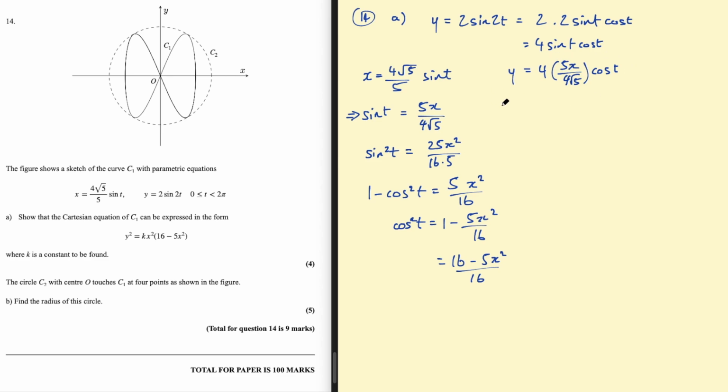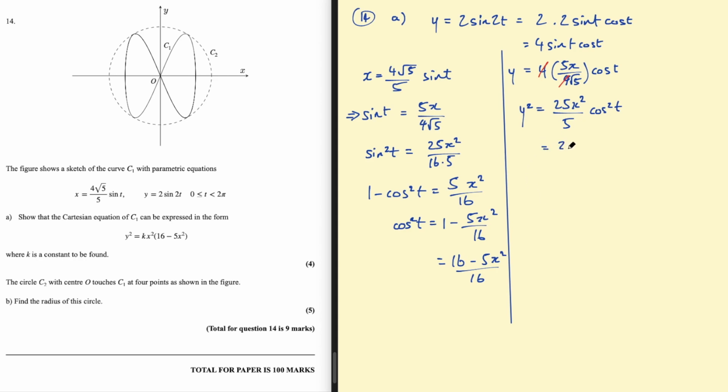Okay, so now we need to square this equation to get cosine squared. So y squared will equal, well, firstly, let's cancel those 4s out. So get rid of those. Then this is going to be 25x squared on 5 cosine squared t. So let's just draw a line there. And then we can substitute in this expression for x for cosine squared t.